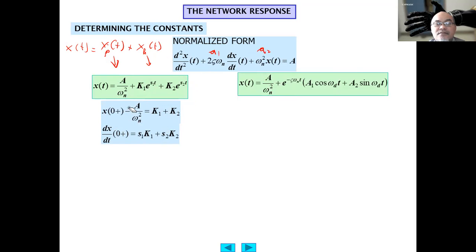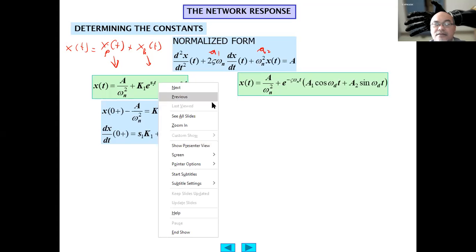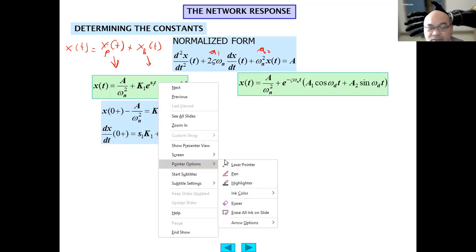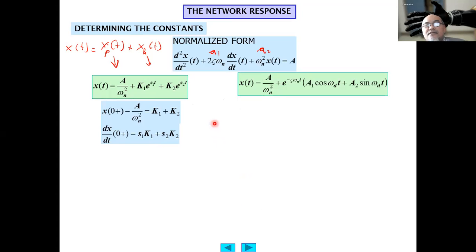So this is the solution when we have two roots, two positive roots, and they are not equal. This is when zeta is larger than 1, the overdamped case.